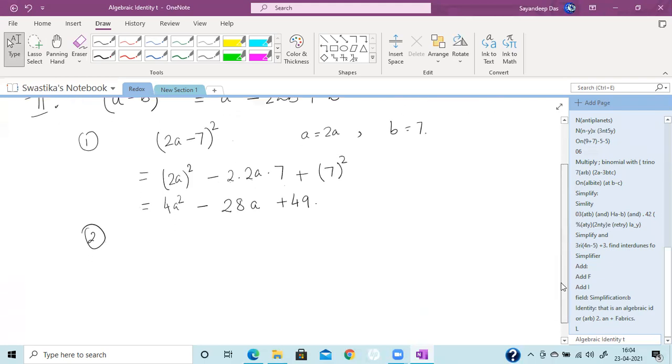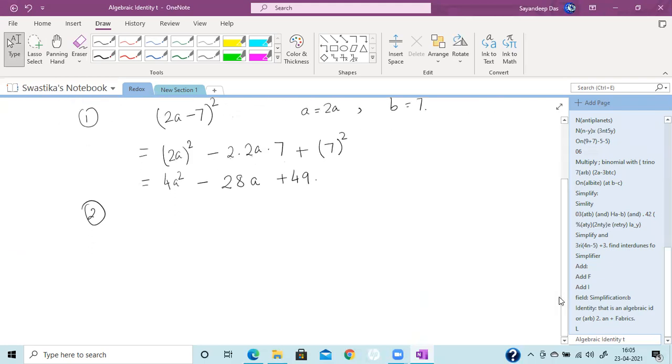Now we'll see the second problem. Expand 7a minus 9b whole square.